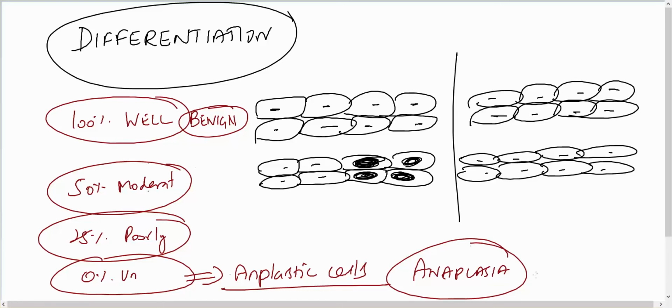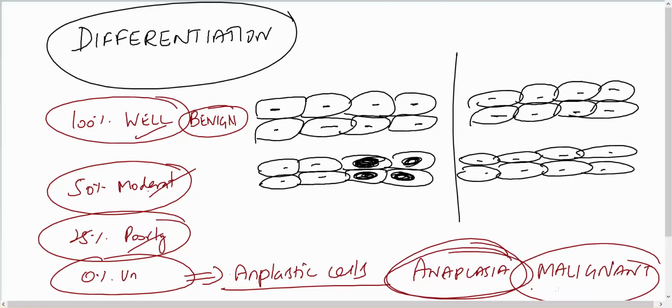So anaplastic tumors are malignant tumors, but remember, malignant tumors may be well differentiated, moderately or poorly differentiated, but once they become anaplastic, they are most commonly highly malignant and highly aggressive. They spread fast, invade fast, and destroy the surrounding tissues very fast because their growth is very fast. So this is about differentiation and anaplasia.